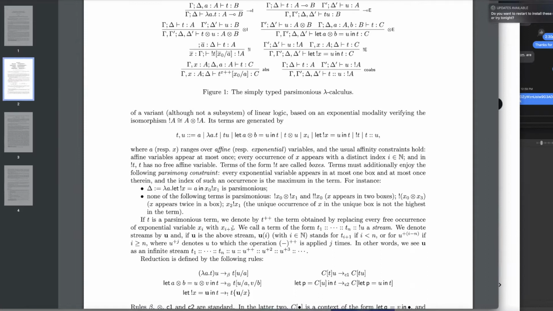We're shifting all the variables over. Notice if your term is parsimonious, the new term will be parsimonious. And now we can formalize our notions about streams.